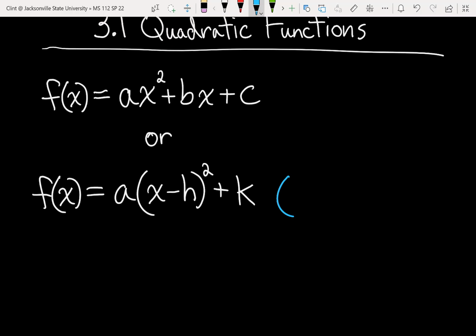This bottom one, our textbook calls it standard form, but I think most people probably call it vertex form. And we'll talk about why that is in just a minute. That's two different ways there. This way, a, b, and c are just like with the quadratic formula that we did. That's kind of our standard form for doing quadratic formula. This way may look a little bit different.